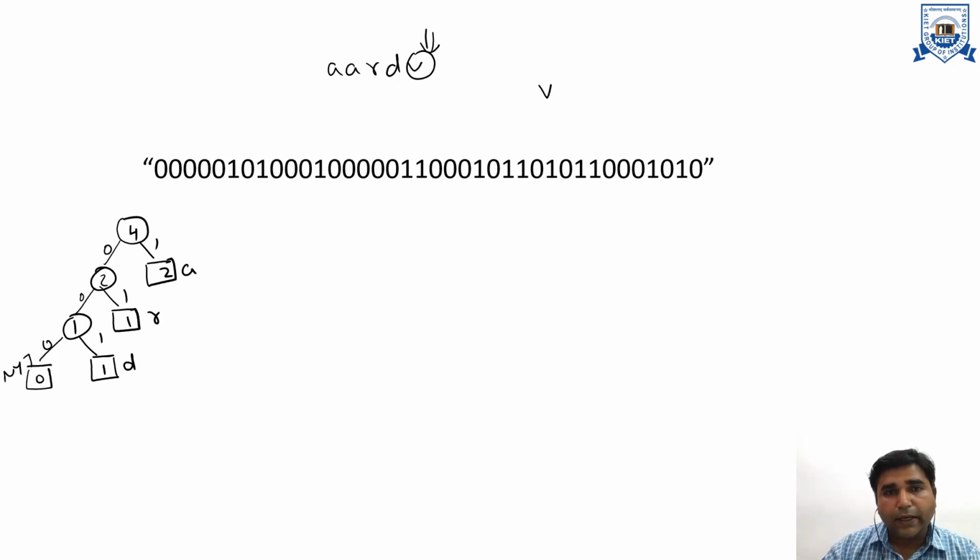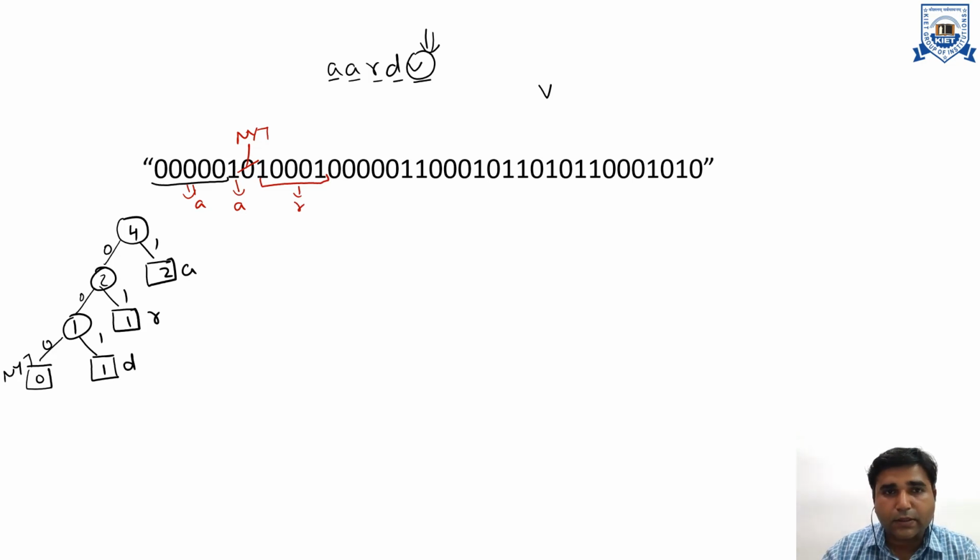At this particular time we have found the symbols A, R, D, B, and B. So the first 5 bits correspond to symbol A, and this one is again for the next symbol A. This 0 is for NYT. Then the next 5 bits, that is 10000, are for symbol R.